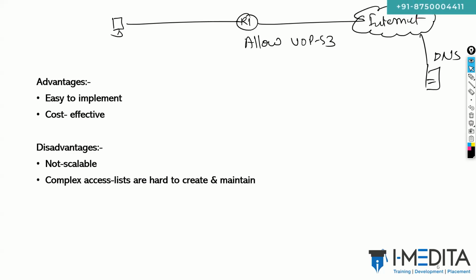Okay, now you can see the diagram, and this diagram says we have a PC and router connected with the internet. The internet is connected with a DNS server. To access the DNS server, we need to allow UDP port number 53.